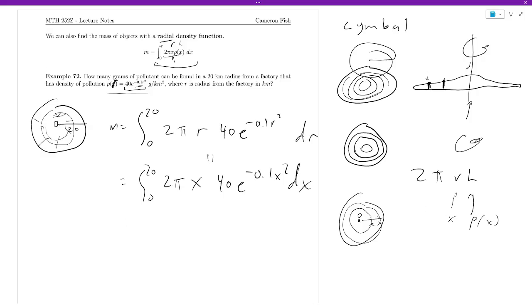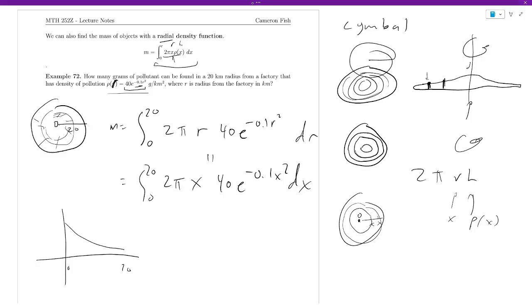Maybe we'll just mention a little bit why this has to do with shell method. If you imagine this mass function, this rho, viewed from the side, my r is going from 0 up to 20. This mass function looks like something. I don't know exactly what it looks like, but maybe something like this.